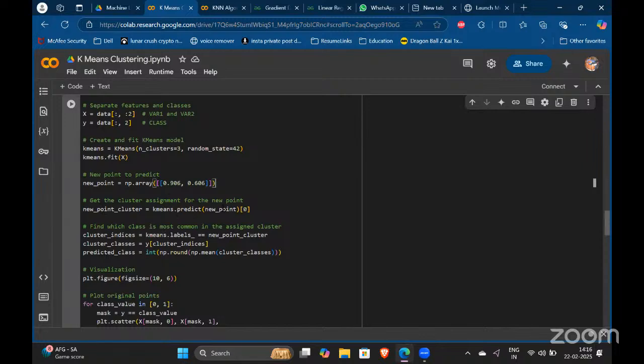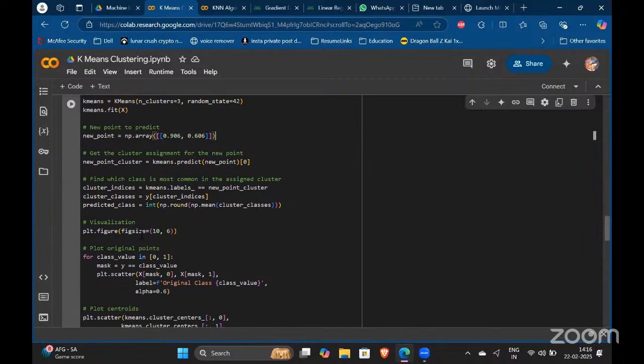So k-means dot predict, we have already provided the x value over the fit here, and here we are trying to provide this value in the k-means dot predict, and from here on everything will go into the visualization part. So once you train the data with x value and you have the new point being assigned to predict, now you can see that prediction is done, and here you can see the plot.